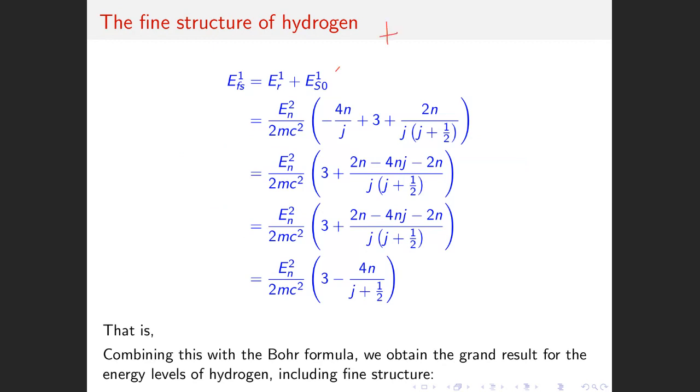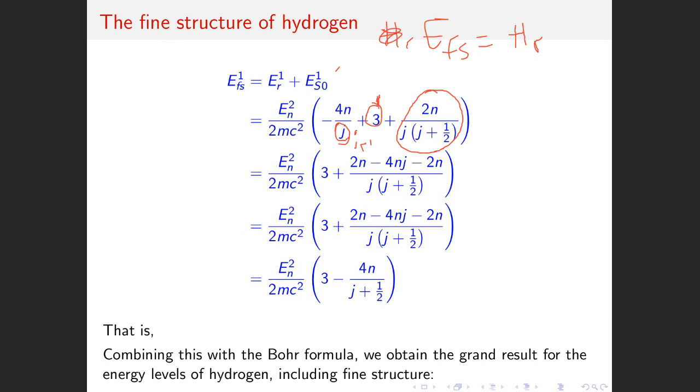The corrections to the fine structure are due to the relativistic corrections, which we computed previously. Remember the minus 3, I think it was l plus a half, which is j. And then this simplified in the previous slide. So adding everything up, you can put a j plus half there.